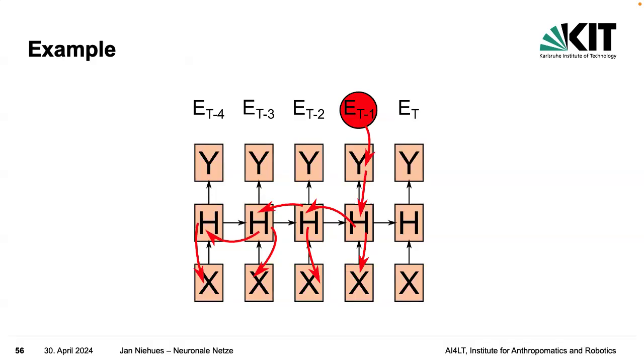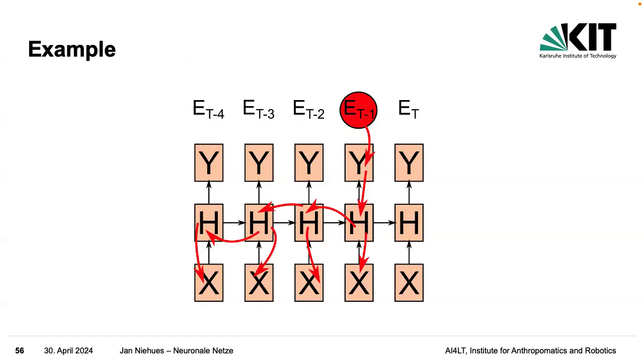The error at position 4 is leading to 4 updates on this one. Based on this intuition, do you have an idea of how many updates in total are happening to this weight if your sequence length is 8?